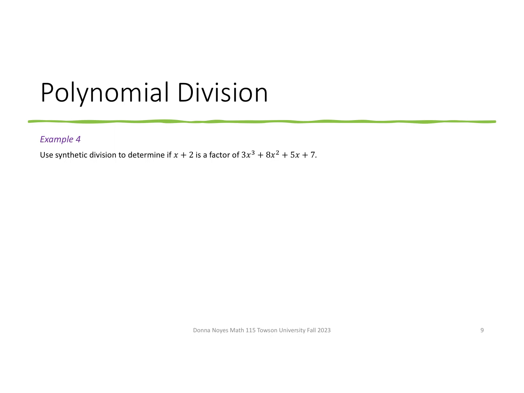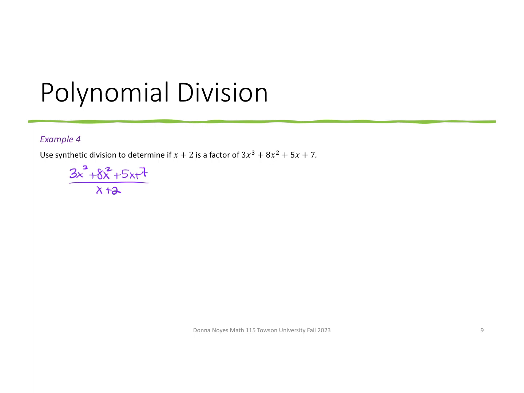I want you to try this one on your own. This one asks if x plus 2 is a factor of 3x cubed plus 8x squared plus 5x plus 7. So what you want to do is you want to find 3x cubed plus 8x squared plus 5x plus 7 divided by x plus 2.